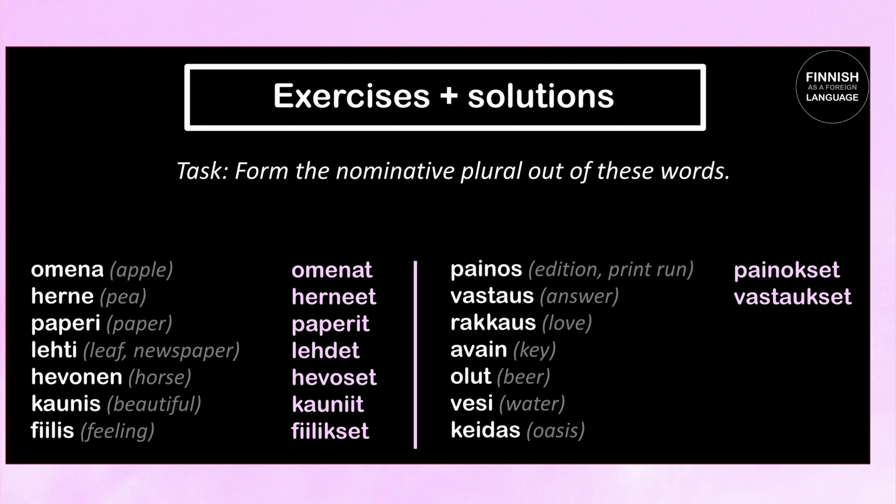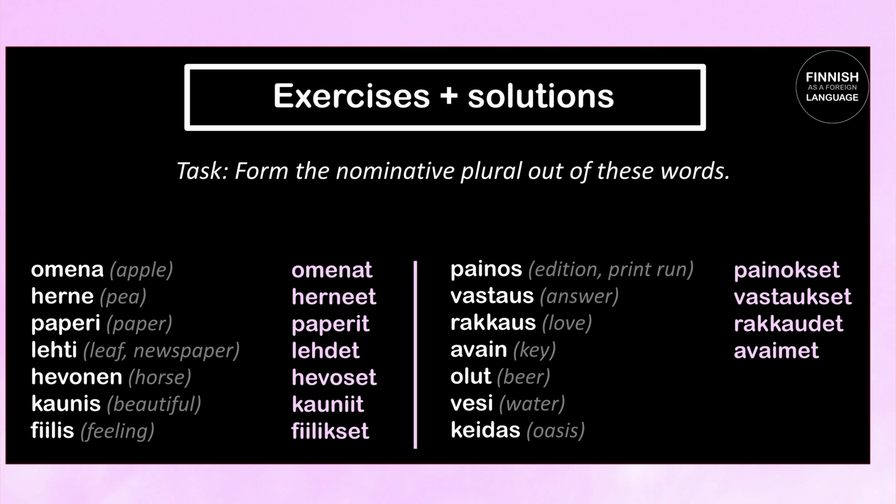Next one, vastaus, meaning answer. That's right, it's vastaukset. Vastaukset. Next one, rakkaus. Rakkaus, meaning love. The nominative plural is... Excellent, it's rakkaudet. Next one, avain, meaning key. The nominative plural is... Very nice, it's avaimet.